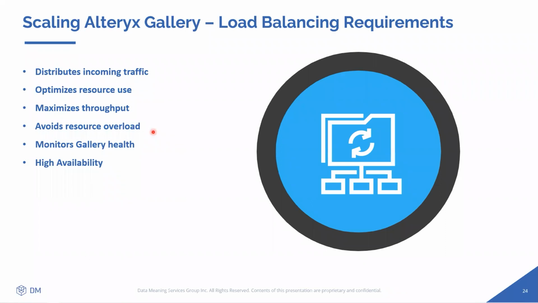So the idea here is for you to have all of your resources as efficient as possible. But that being said, you need to start looking for load balancer options. I have two here that I've seen Alteryx environments using. The first one is the AWS Elastic Load Balancer. That's a great one for you to start using.